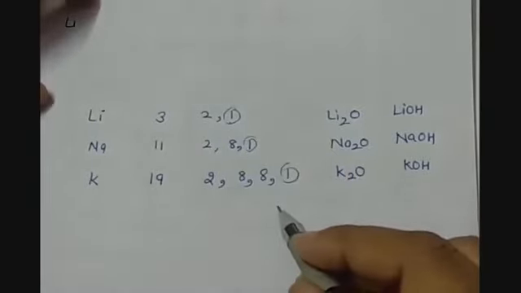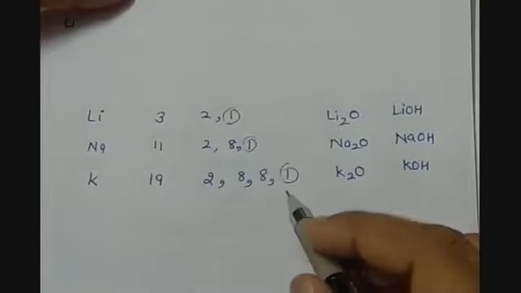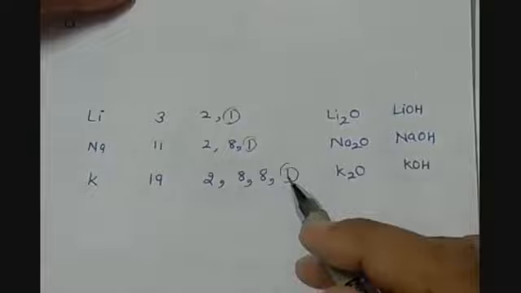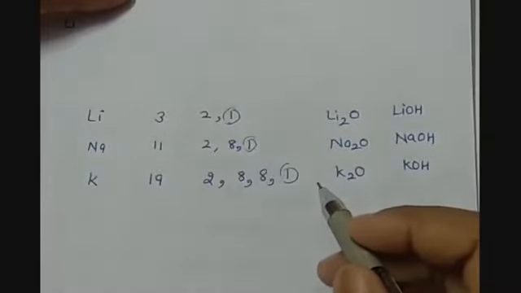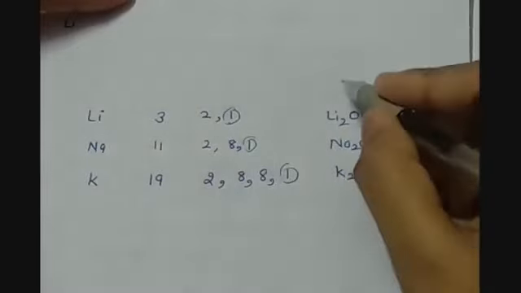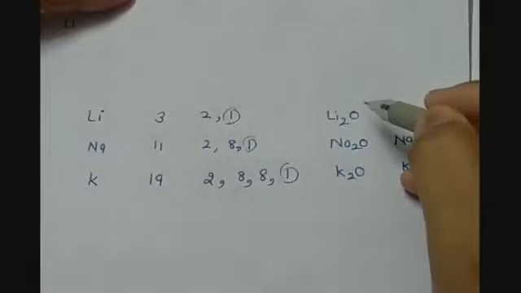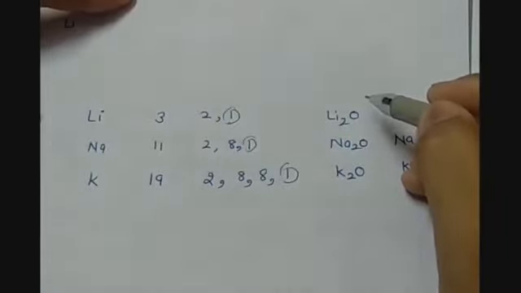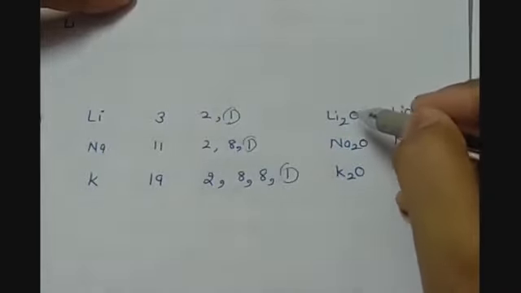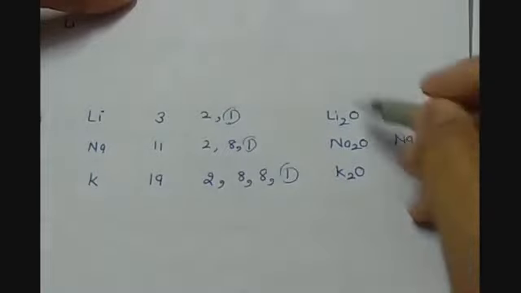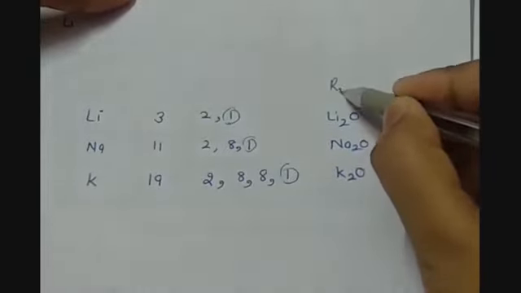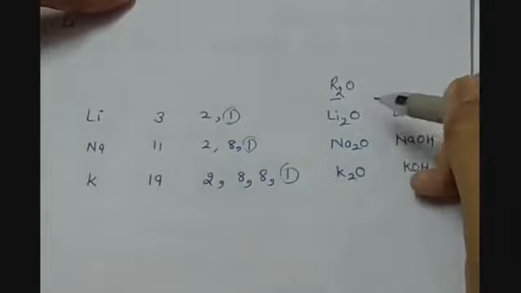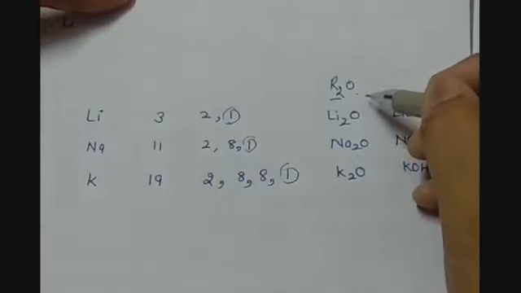So they are all having similar properties because the valence electrons determine the properties of the element. Then the formation of oxides by these metals will be in the same form. Like you can see here that we are having a general formula R2O, where R is the alkali metal and O is the oxide.